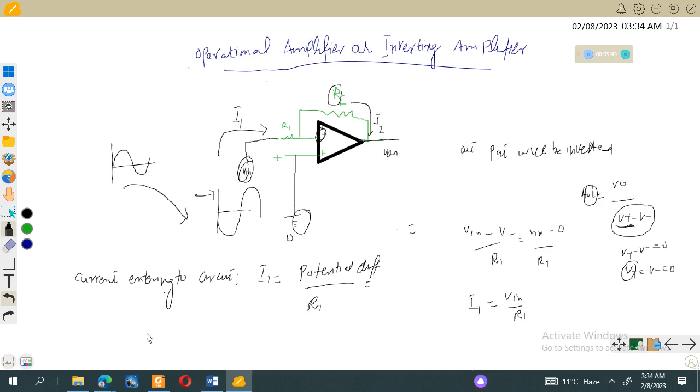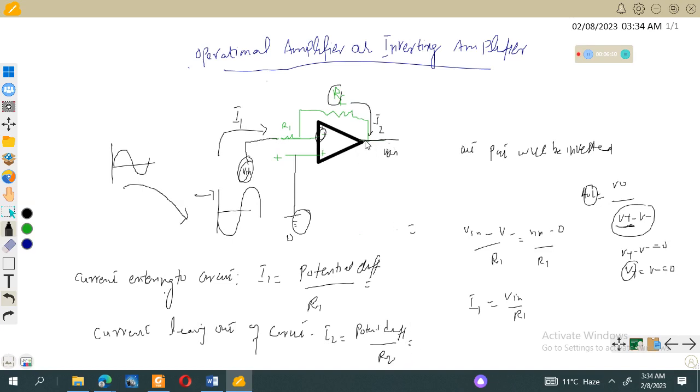Now the current leaving the circuit. That will be I2, equal to the potential difference divided by R2. What is the potential difference?